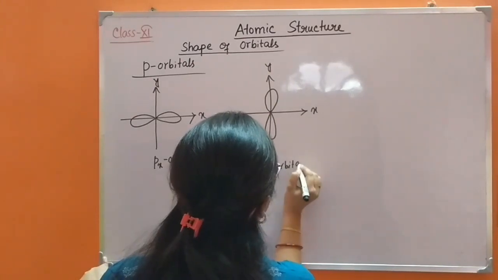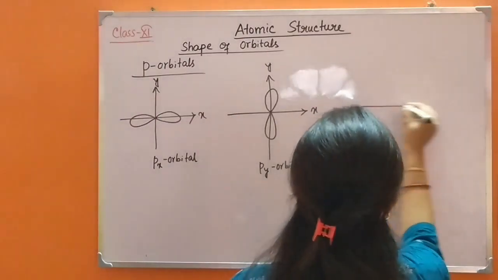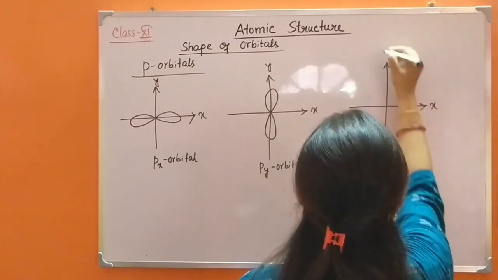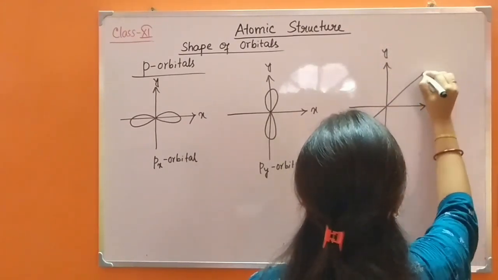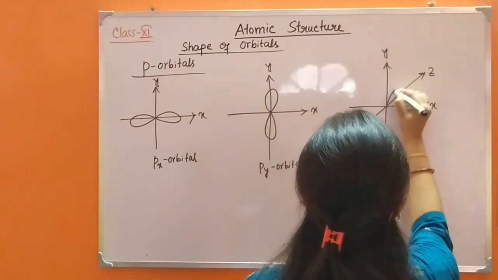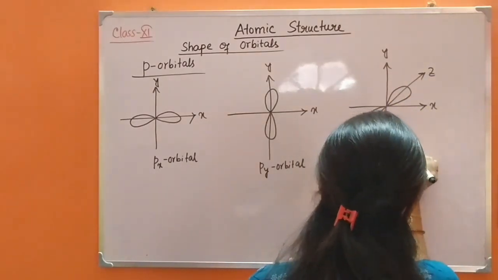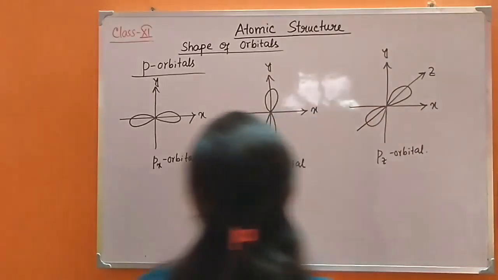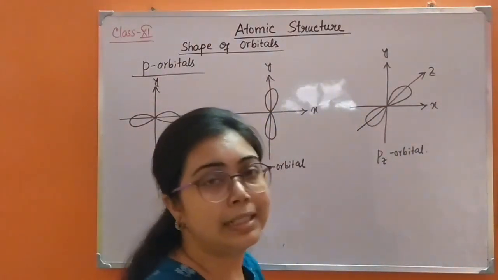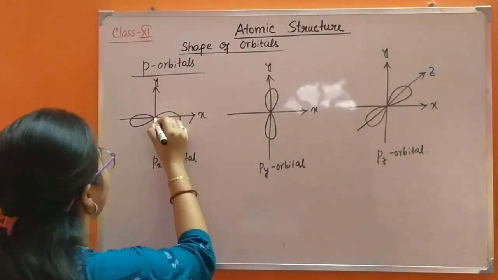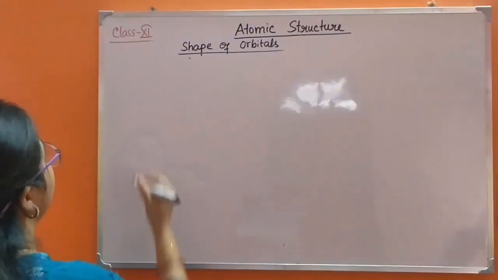This is the py orbital. And this is for pz orbital. So the shape of p orbitals is dumbbell shaped. Two lobes are present, and at the nodal point two lobes meet together.